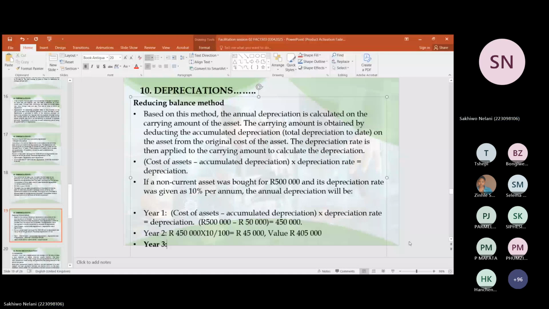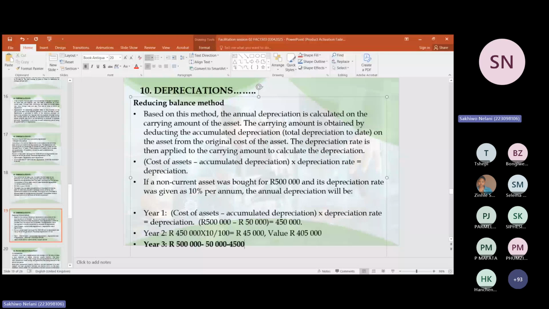In simple terms now, if you are not provided for this, if you like, you can do this. The value of this car was 500,000 minus 50,000 minus 45,000.